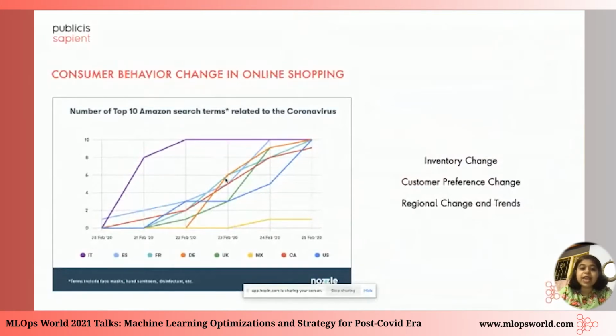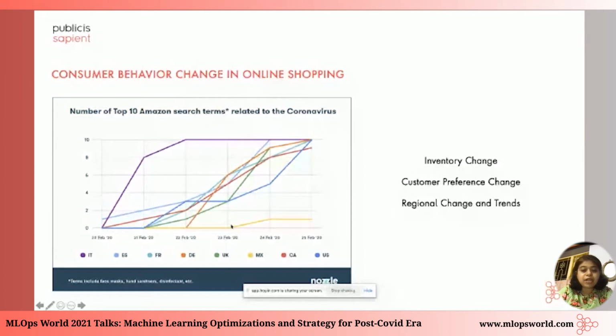And then we see again a similar kind of behavior change in online shopping. Why we chose this? If you see what customers are searching in Amazon, if we try to look at the first 10 search terms, we will find that customers are looking around face mask, hand sanitizer, disinfectants. And the rate that they are looking at is maybe exponential in case of Italy, which we have known was one of the most affected countries initially.